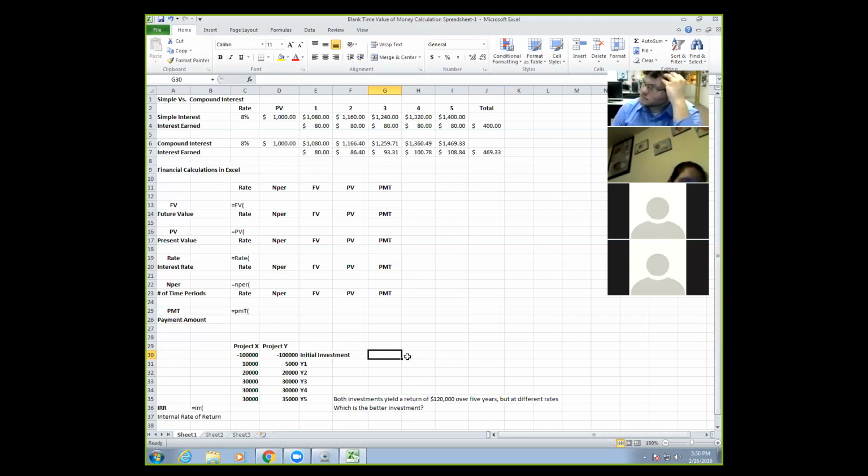And so in that case, we have to try to figure out an average return based on different compounded rates every year. That's when we use this function called IRR, or internal rate of return. I'll save that for last because of these functions, that's the most complicated.